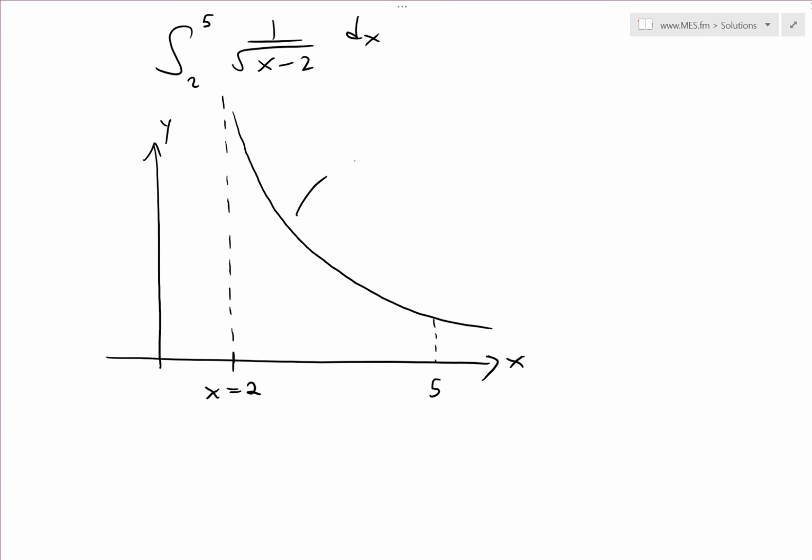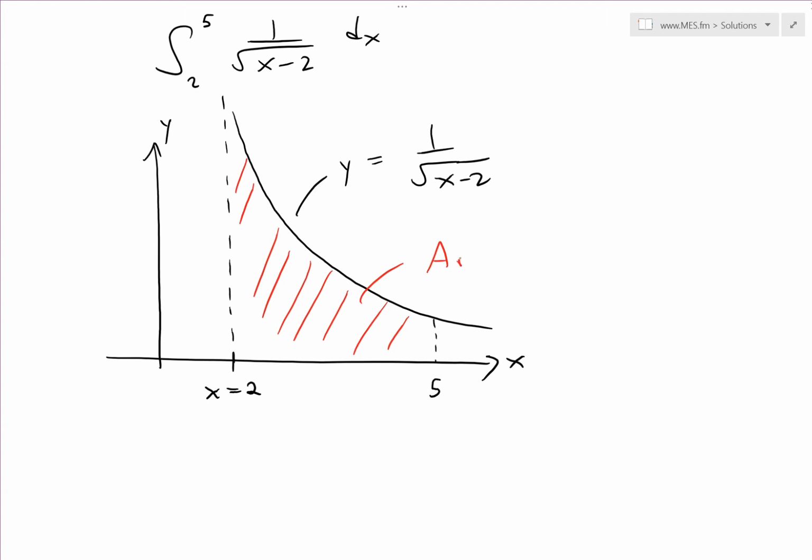This is y equals 1 over the square root of x minus 2, and the area, which we will be solving using the integral, is basically over here. It's going to infinity right here, so it keeps going on and on. So that's one type, and that's the other type.